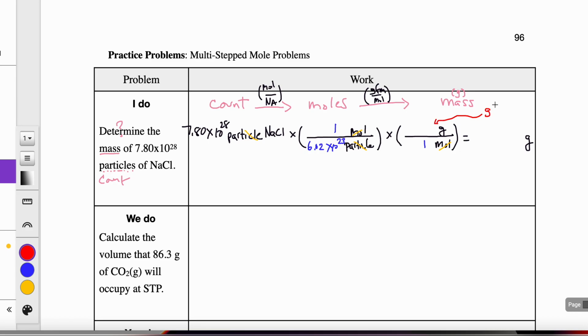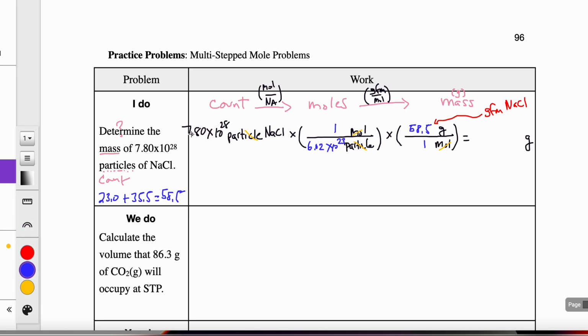This needs to be the GFM of the substance NaCl. And so the GFM of NaCl would be 23.0 plus the 35.5, which gives me a GFM of 58.5. So for NaCl, there are 58.5 grams of NaCl in each mole. Now it's time to pick up the calculator.